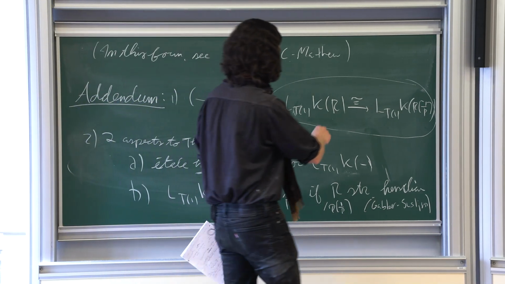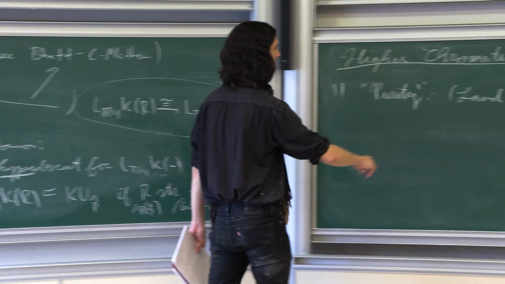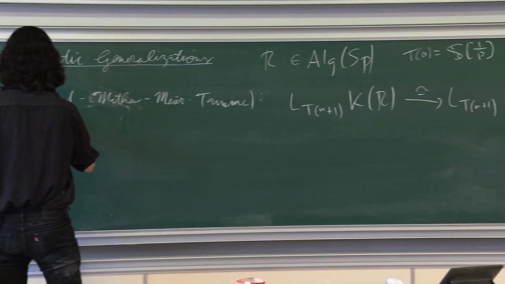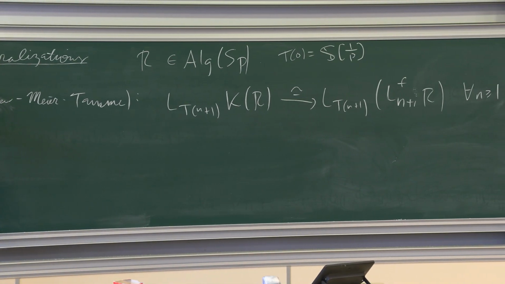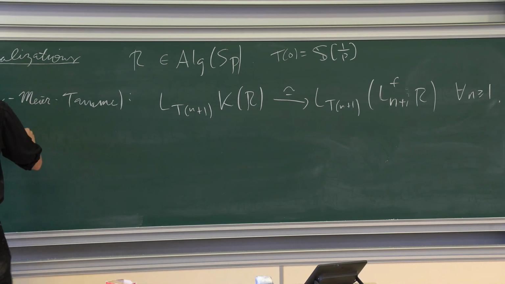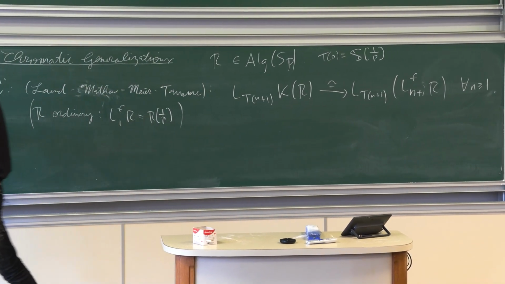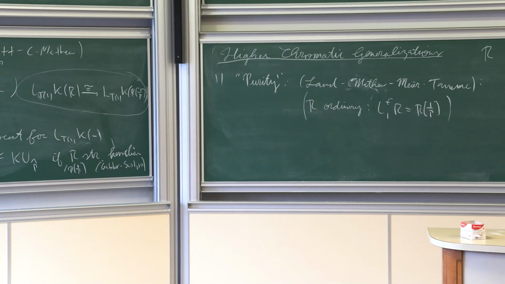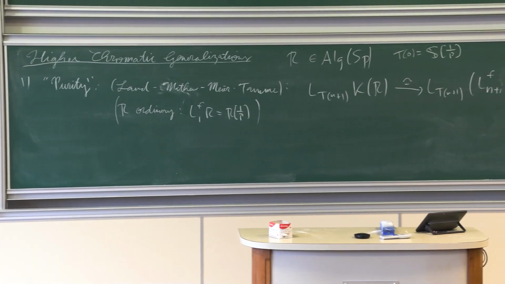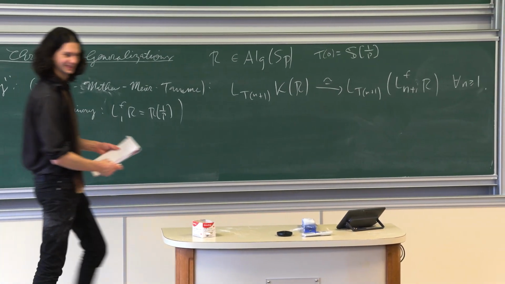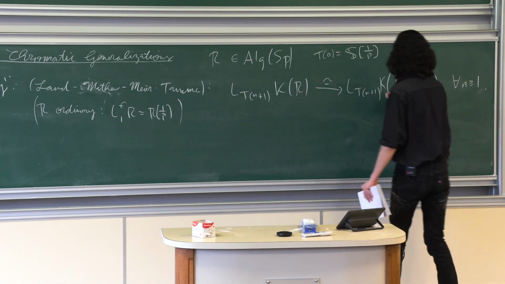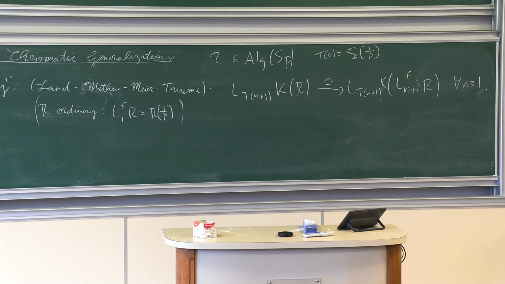So for an ordinary commutative ring, L_1^f R is just R[1/p]. So that you recover this result here. You're missing a K. Oh yeah, you're right. Thanks. Stick that little K in there.